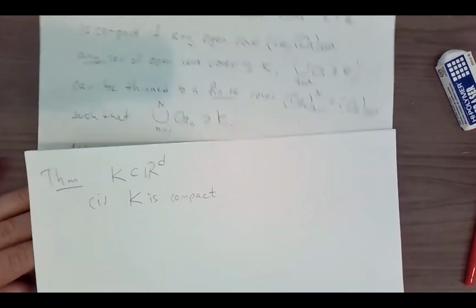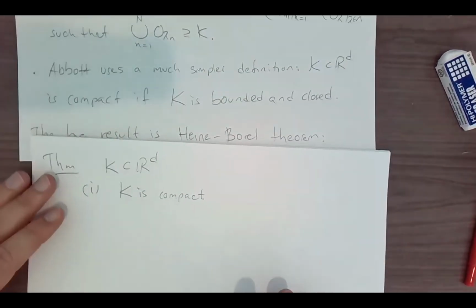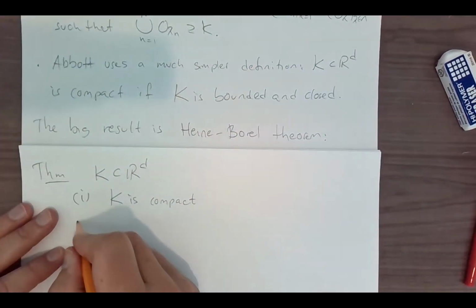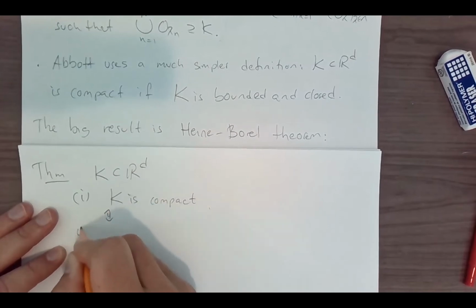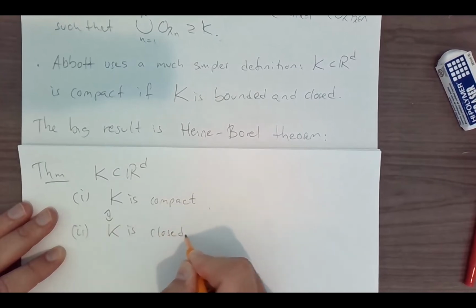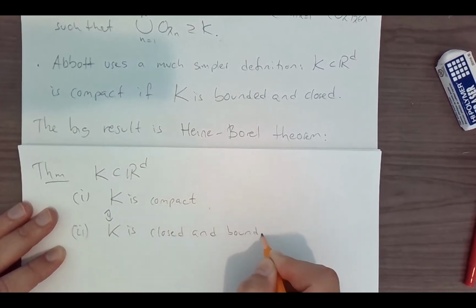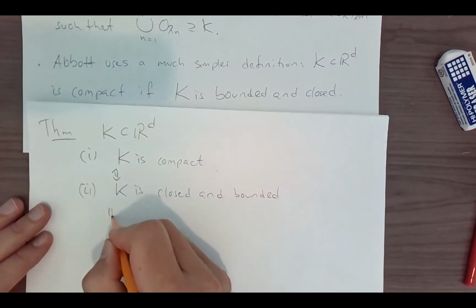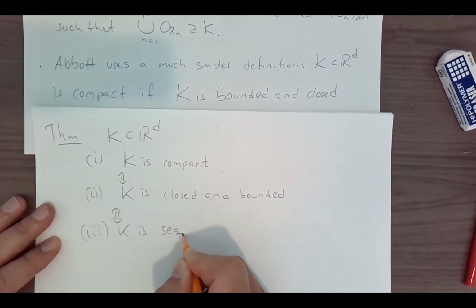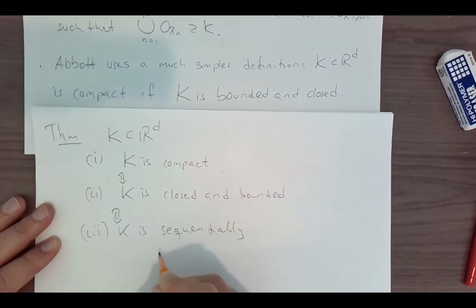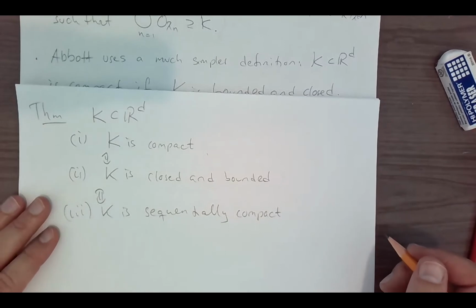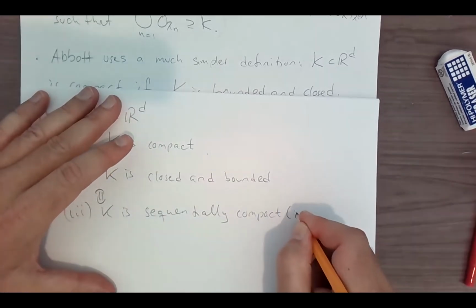This here is in our sense, depending on, so K is compact, and this is the same as saying that K is closed and bounded. And this is the same as saying that K is what's called sequentially compact, so I need to define that too. K is sequentially compact. So what does that mean?